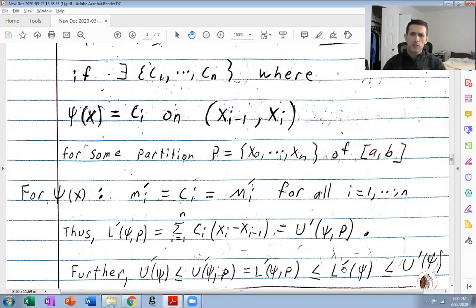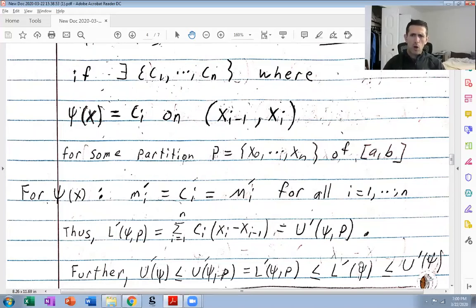So this quantity here, this upper Riemann integral, is bigger or equal to the specific modified upper Riemann sum. As I mentioned, L prime of psi, the modified lower Riemann integral, is less than or equal to the upper modified Riemann integral.